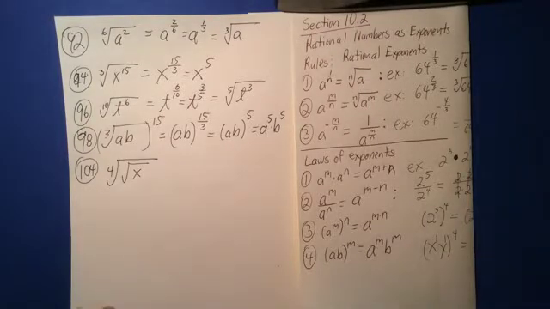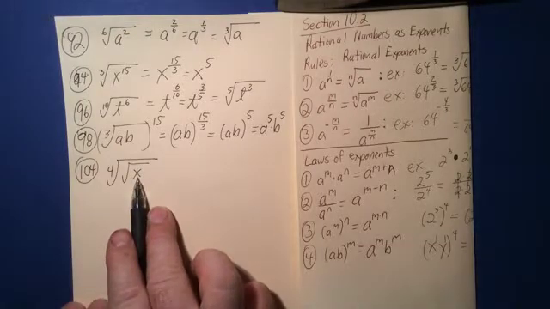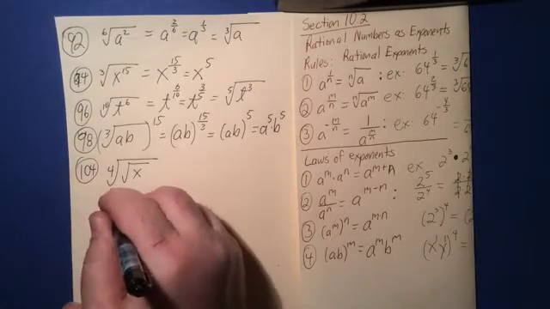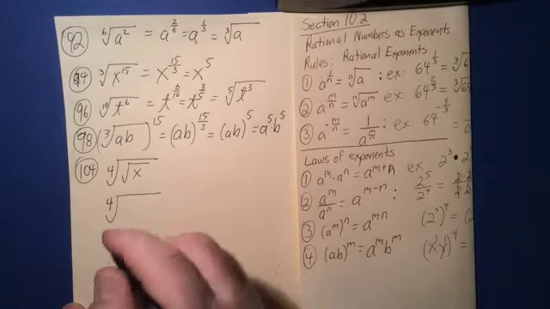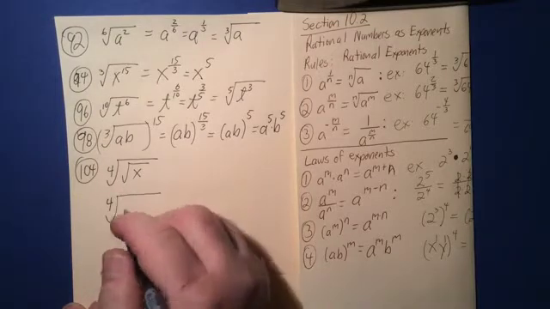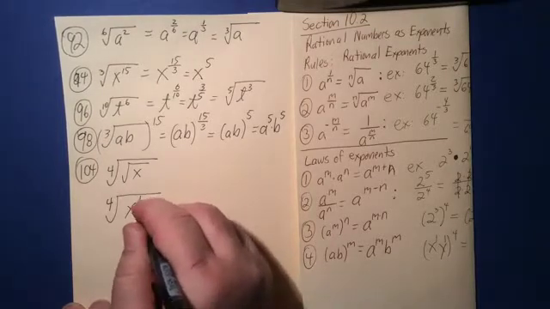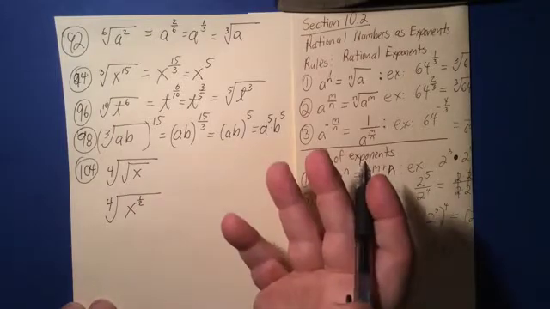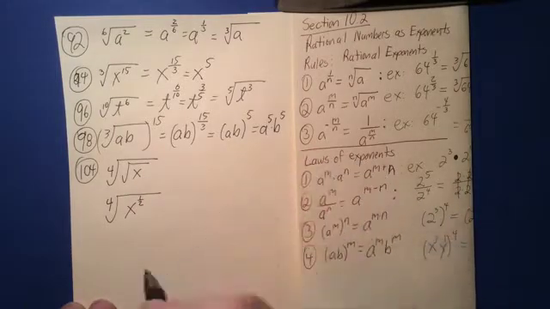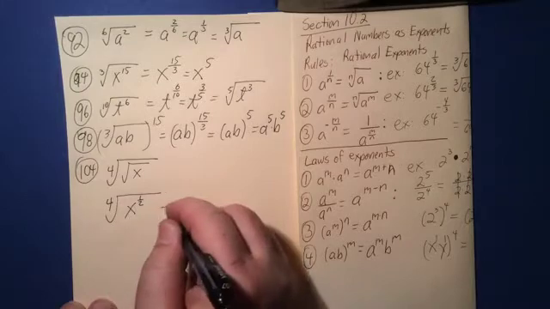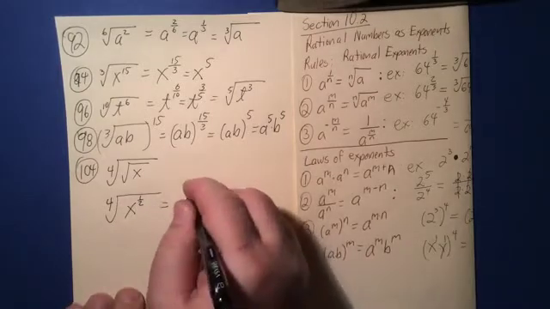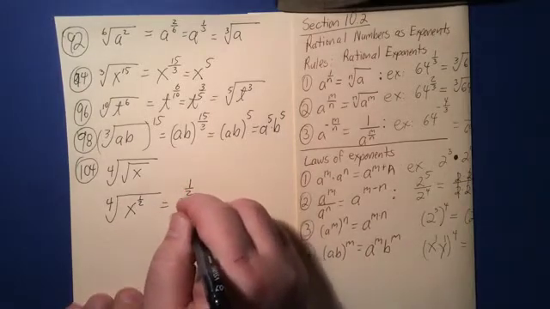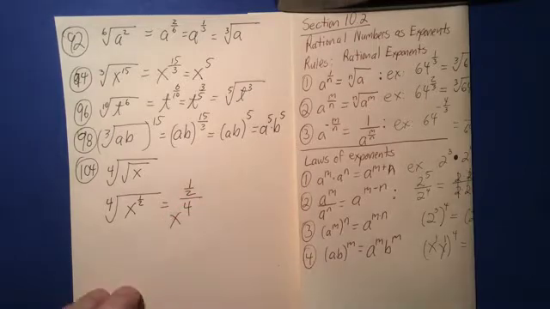If I'm taking the square root of something, one way I can write this is I can take the 4th root of x to the 1/2. So how am I going to write this as a rational exponent? It's going to be 1/2 over 4 with the x there.